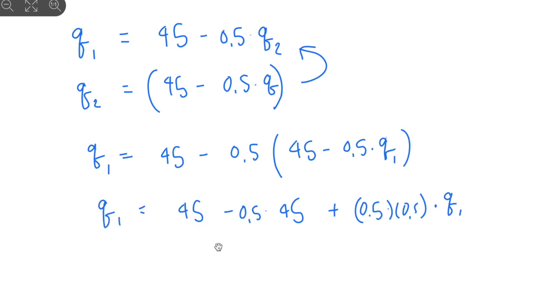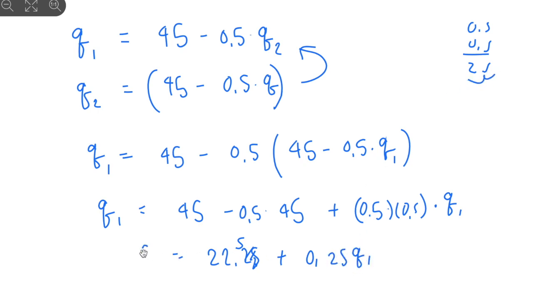So what do we have? 0.5 times 45, so we have 22.5, plus 0.25 Q1 equals Q1.